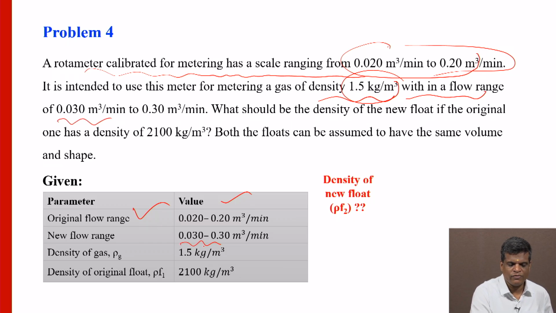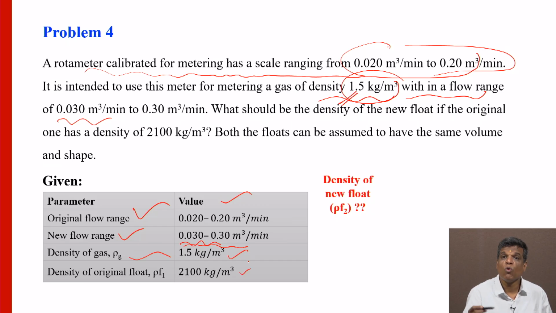The new flow range is 0.0 through 0.30 meter cube per minute. The density of the gas is already given as 1.5 kg per meter cube.